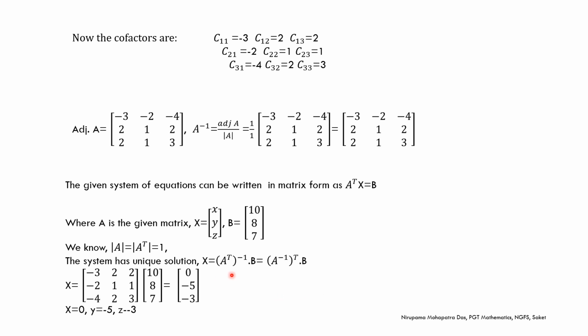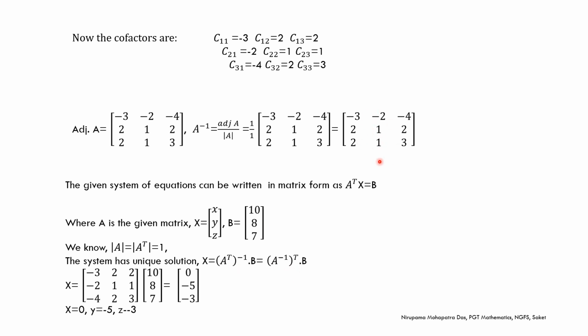And also from properties of inverse matrix, we know inverse of A transpose equals transpose of A inverse. So what we have done here is, in place of inverse of A transpose, we took transpose of A inverse. Okay?